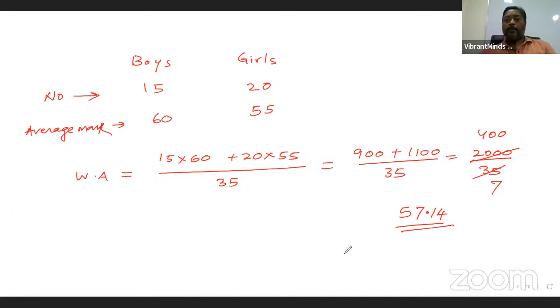Let's take another example of weighted average.